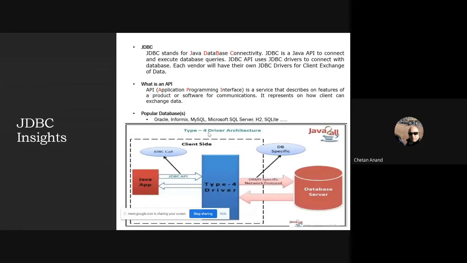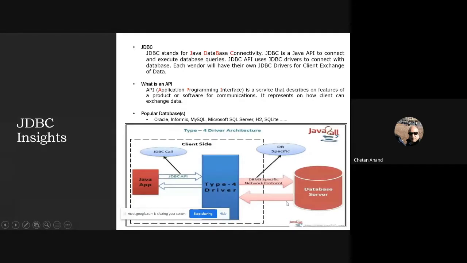The popular databases are quite a lot, but it depends on the industries, the economy, open source, or the cost involvement. People go as per that. A few of them are Oracle, Informix, MySQL, SQL Server, H2, and SQLite. As you can see in this diagram, you have the Java API sitting as a driver, and you have a Java application which will be talking to the driver, which in turn will be talking to the database server.